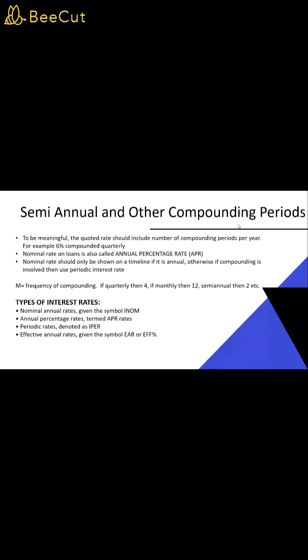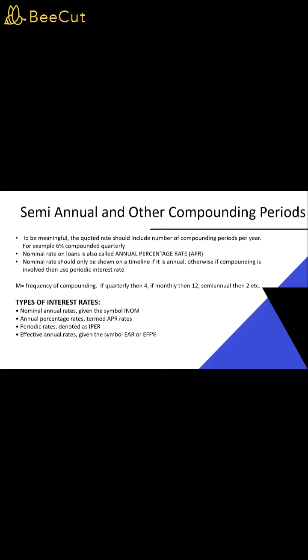Now, so far we have been discussing interest rates, but in every situation we've just been talking about a yearly interest rate. So if it's, let's say, 6%, that means that is the annual interest rate, but that is not always the case. There are certain situations where the number of compounding periods per year is different.